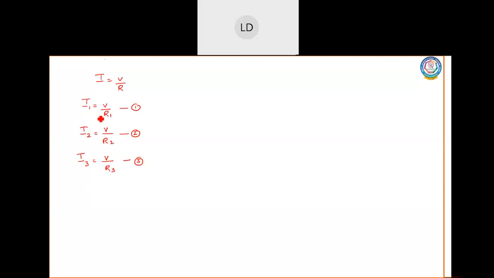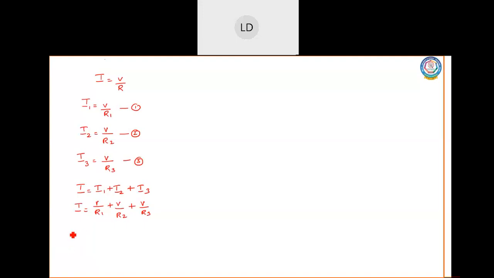Right? So what is the total current that is flowing through the circuit? That can be given as I is equal to I1 plus I2 plus I3. Now substitute the values. I is equal to, for I1 I will substitute V by R1, for I2 I will substitute V by R2, and for I3 I substitute V by R3. Now what will be the effective resistance?